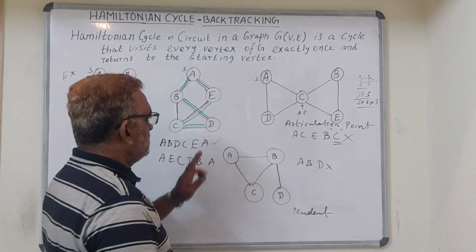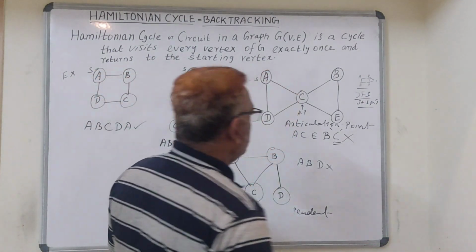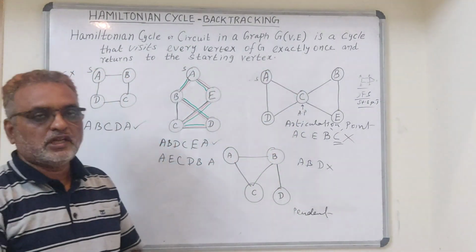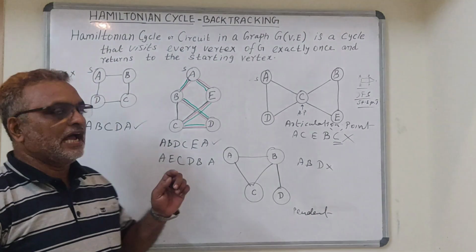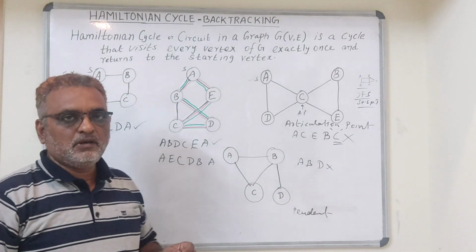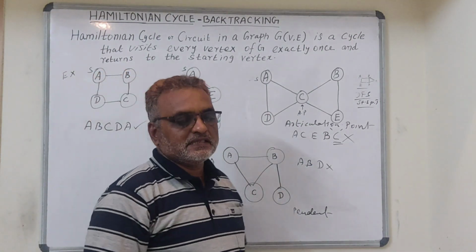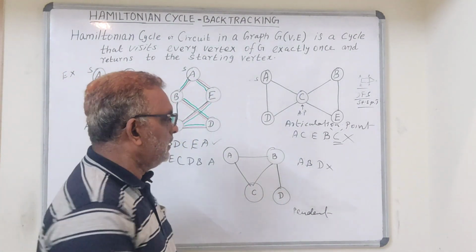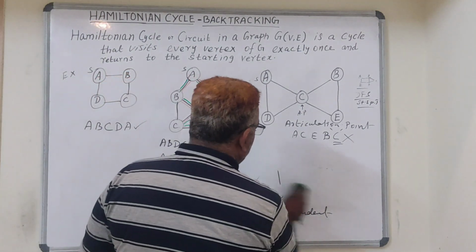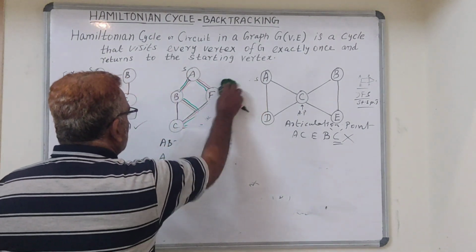Okay. So with these examples, I move on to a problem. How to find out whether a Hamiltonian cycle is available in the graph or not with the help of a state space tree. Let us consider a graph with 5 nodes.